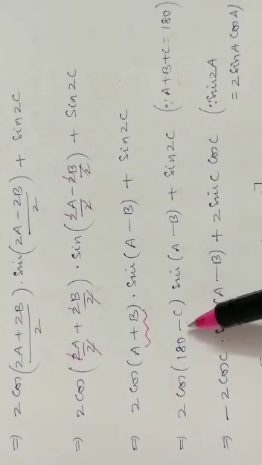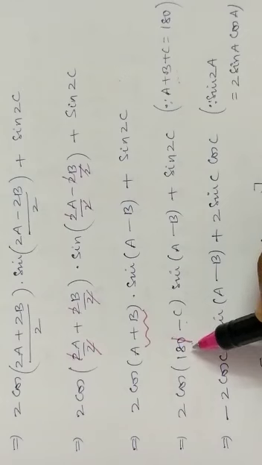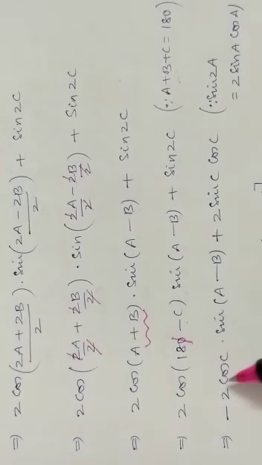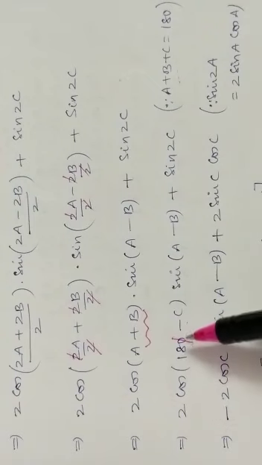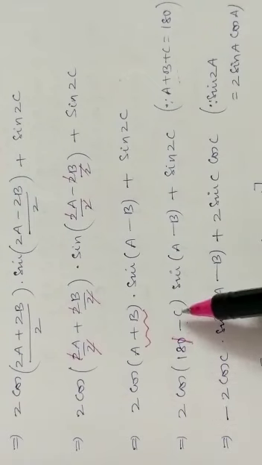In second quadrant, cos is negative. So, minus 2. 180 is even. So, no change. Cos remain cos. What is the theta here? C. So, 2 cos 180 minus c become minus 2 cos c.